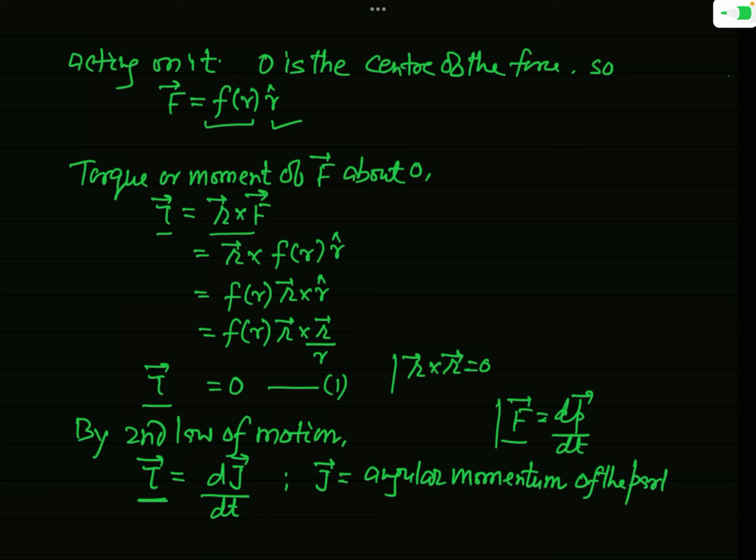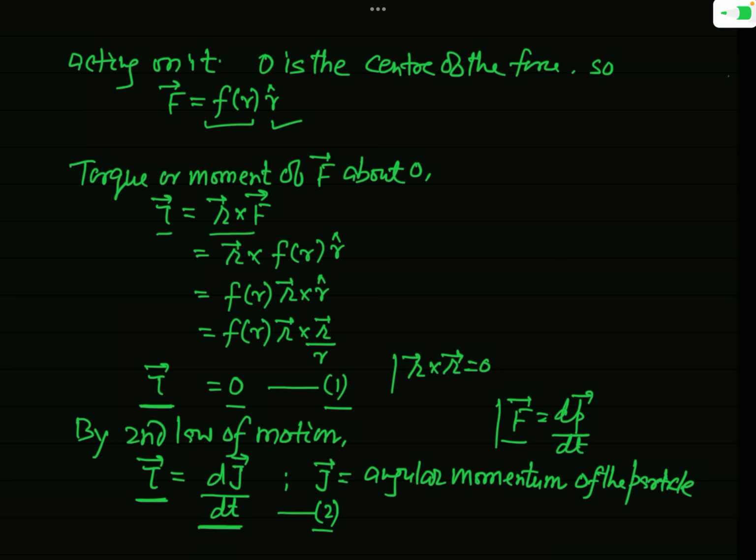So this equation has been written on the basis of Newton's second law of motion for rotational motion. Now you can compare equation 1 and equation 2. According to equation 1, the torque acting on the particle moving under the central force field is always 0. And Newton's second law says that torque acting on the particle is the time derivative of angular momentum j.